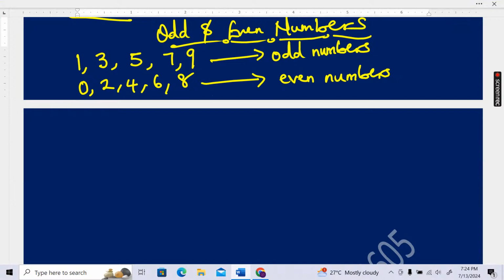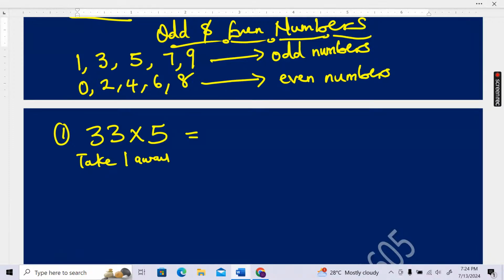So we learned that anytime we are multiplying an odd number by 5, we are to take 1 away from the number. The number being multiplied by 5 is 33. Take 1 away, and you're left with 32. Then divide that 32 by 2.